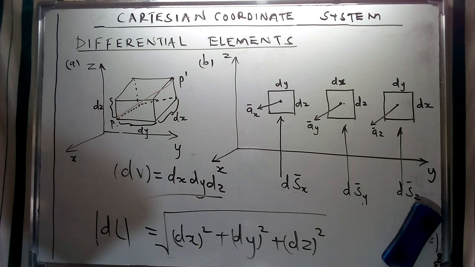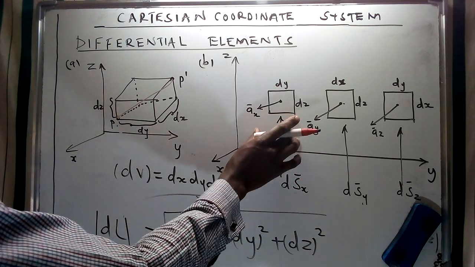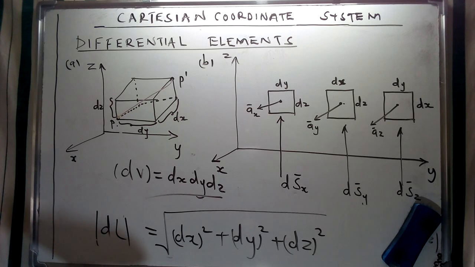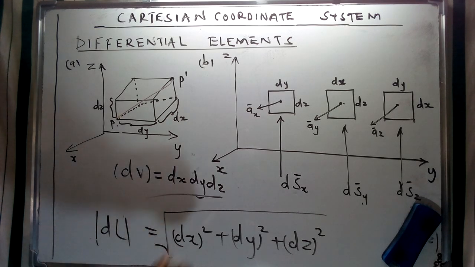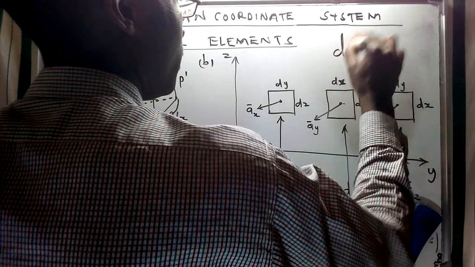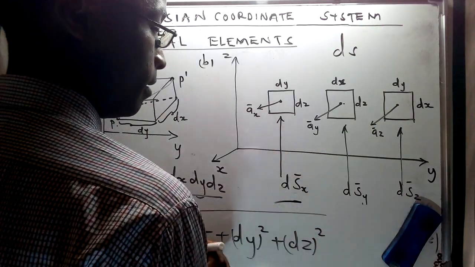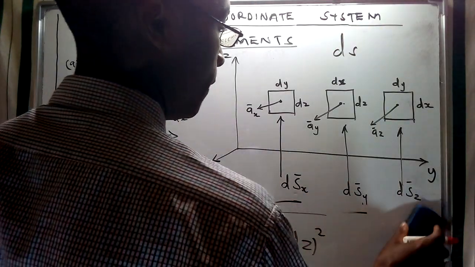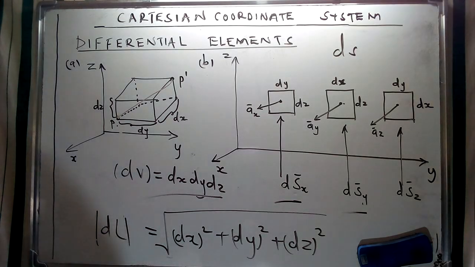For the differential surfaces that I've already explained, there are going to be surface elements which can be denoted as ds, which I've given as ds x, ds y, and ds z.